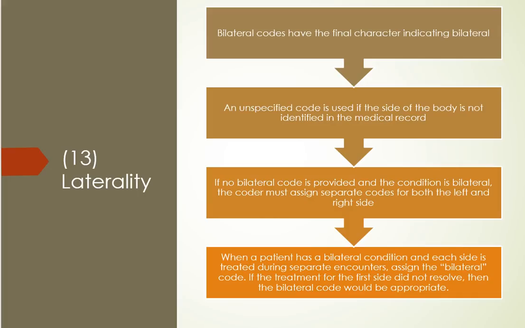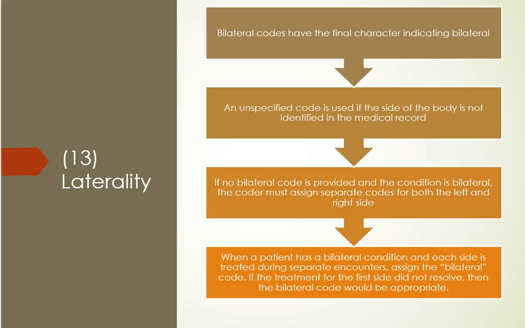If the side, the left or right body part, is not specified in the medical record, most code families have a code for unspecified side. That means the doctor doesn't know, or it was not documented.